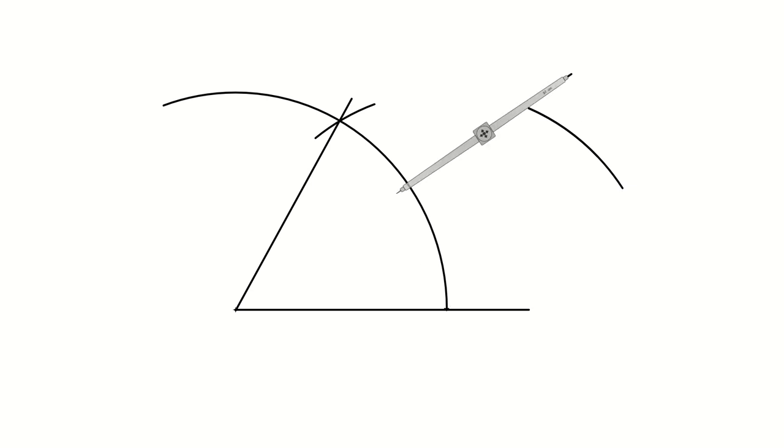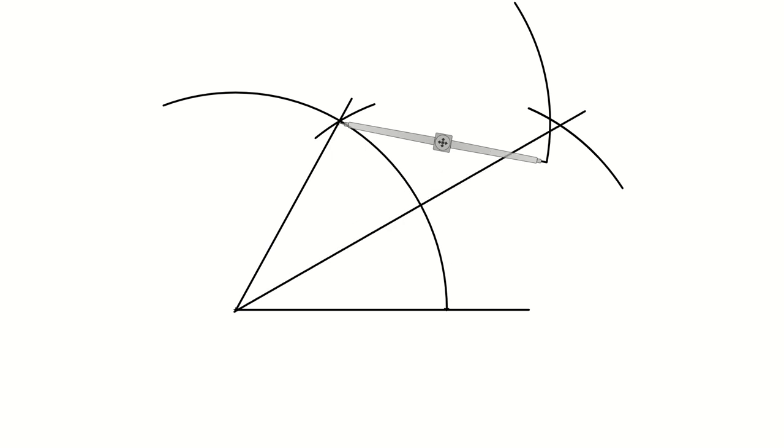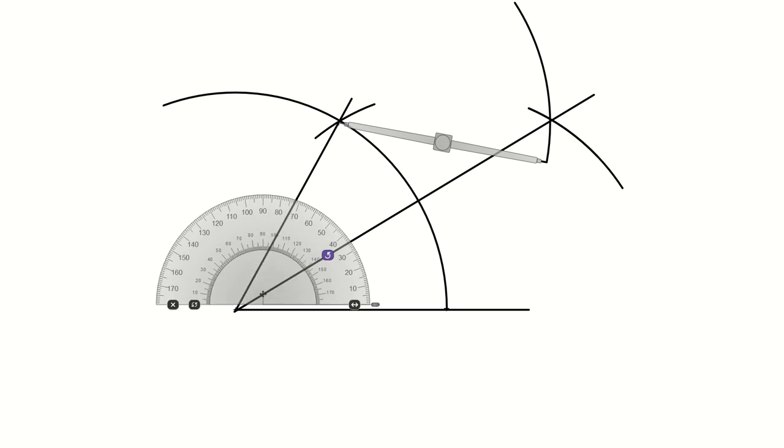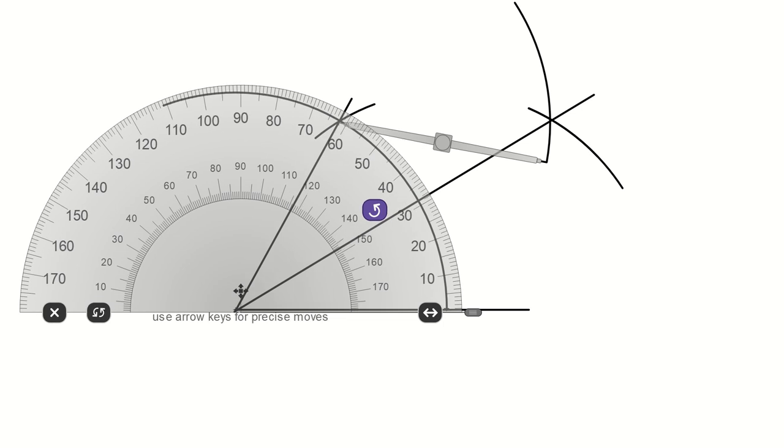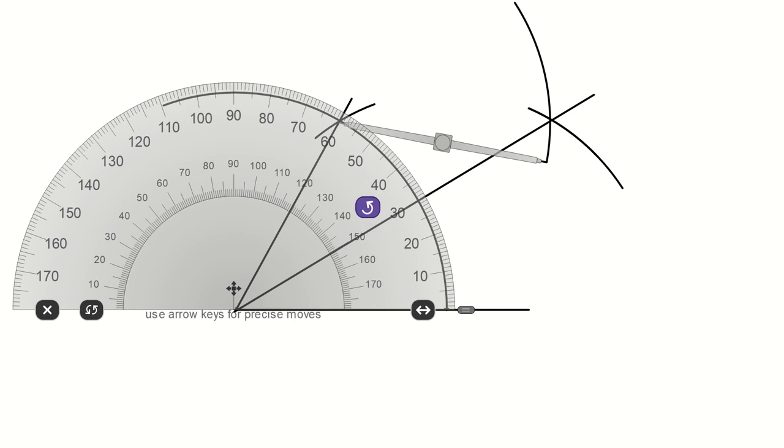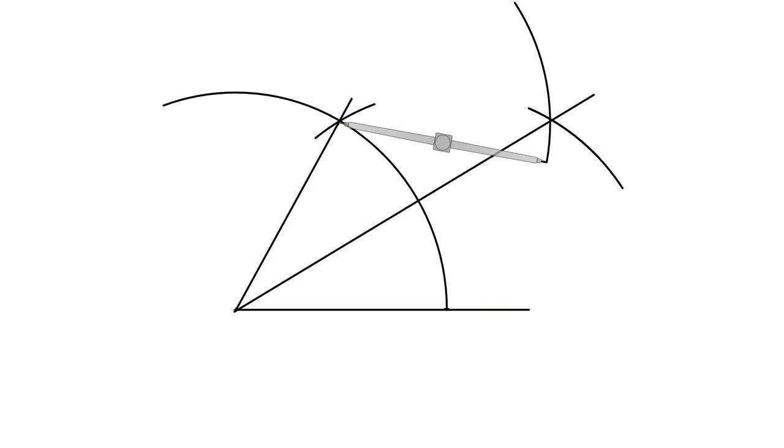And then you're going to do the same thing where the 60 degrees line is at. That's this here. And you're going to create a next arc. Where these two arcs intersect would be how you create a 30 degrees. If you take your protractor and check it out, zoom in, that is how you would create a 30 degrees.